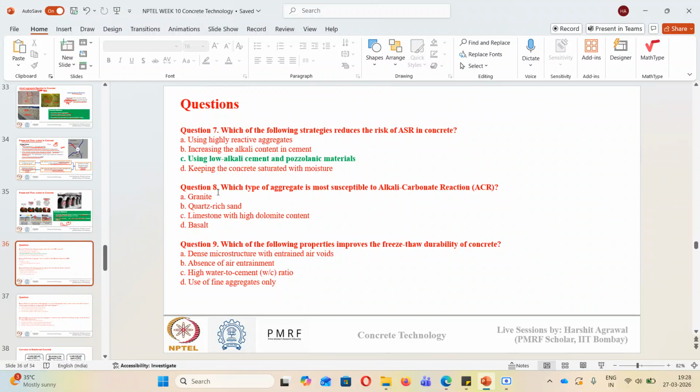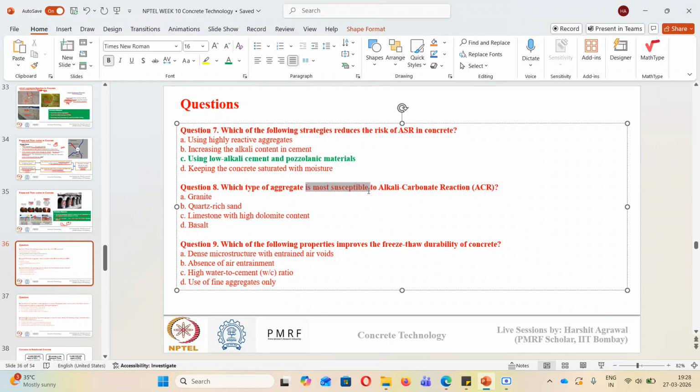Question number 8, which type of aggregate is most susceptible for alkali carbonate reaction?